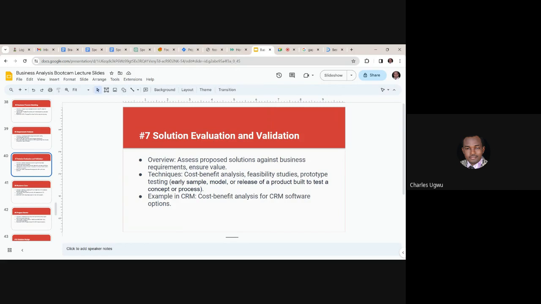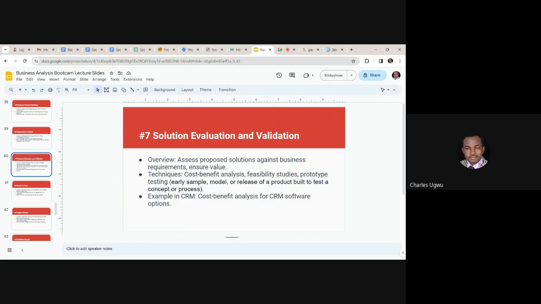Most of the time, I use cost-benefit analysis. Cost-benefit analysis will help you to weigh the cost and the benefit. How much is it going to cost to develop a particular solution? And what benefit are you going to drive from that particular solution?